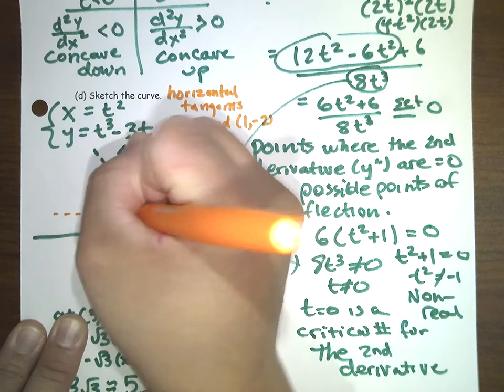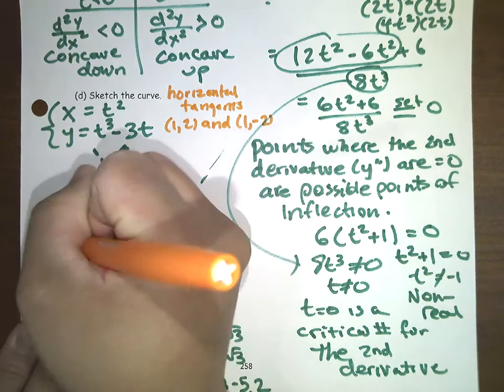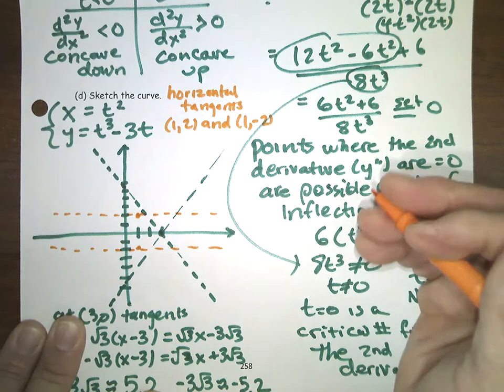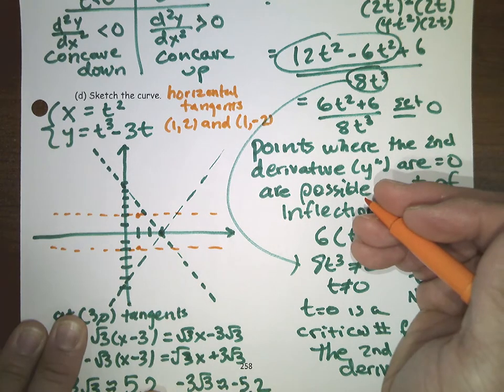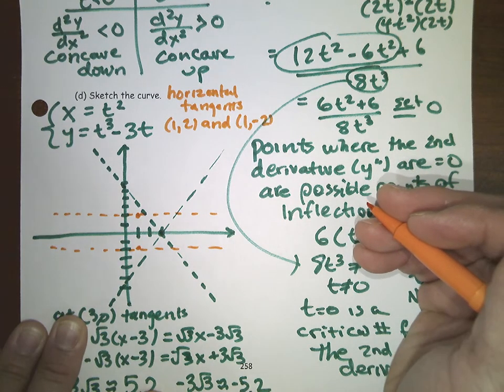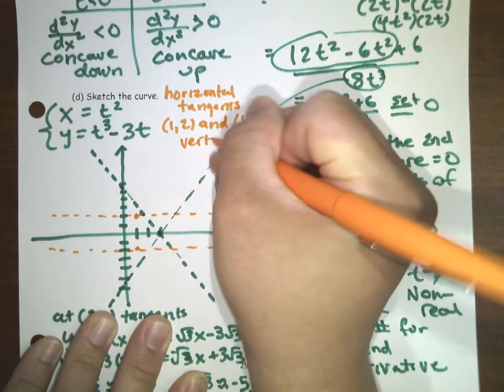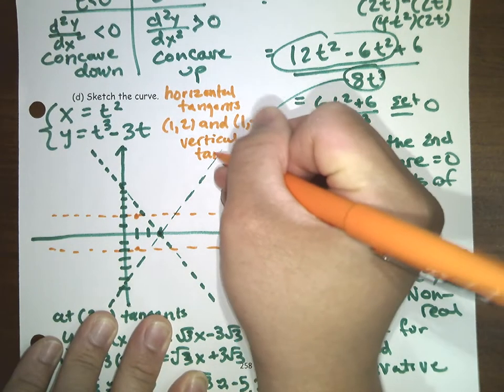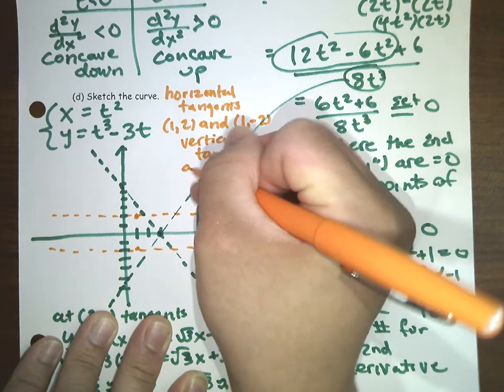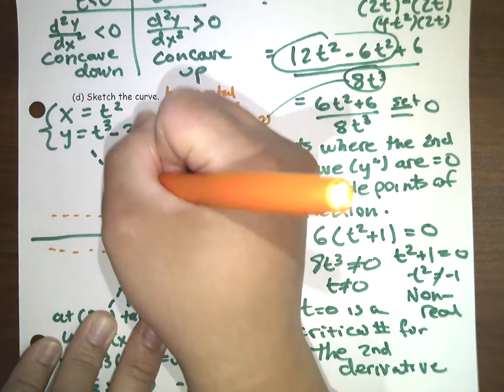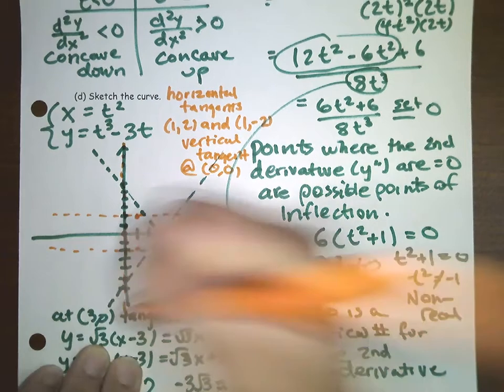So right here, and right here. And at x equals 0, so at (0, 0), there was a vertical tangent. So here is (0, 0). Here is a vertical tangent here.